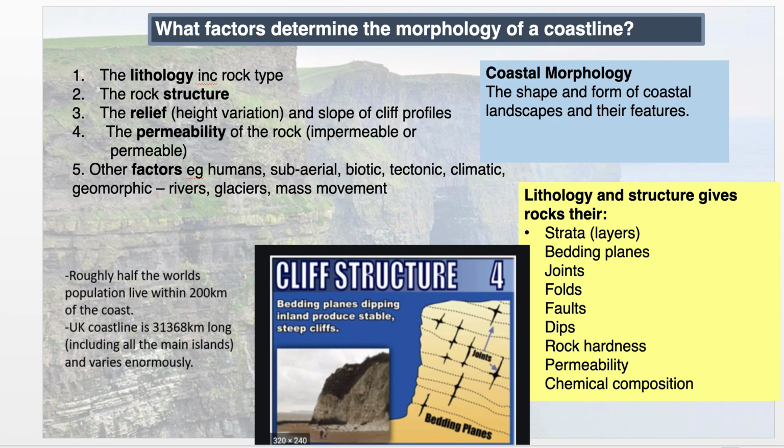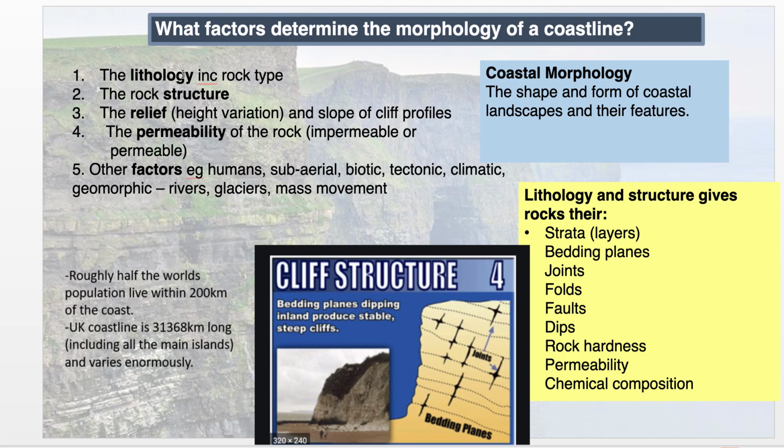So when we're thinking about the shape of a coastline, what factors influence that shape? Remember that we've talked about the factors that influence the coast in previous two lessons, but we're focusing on the geology lithology today. We've got a quick summary there, top left, of the main factors that influence what shape a coast is.